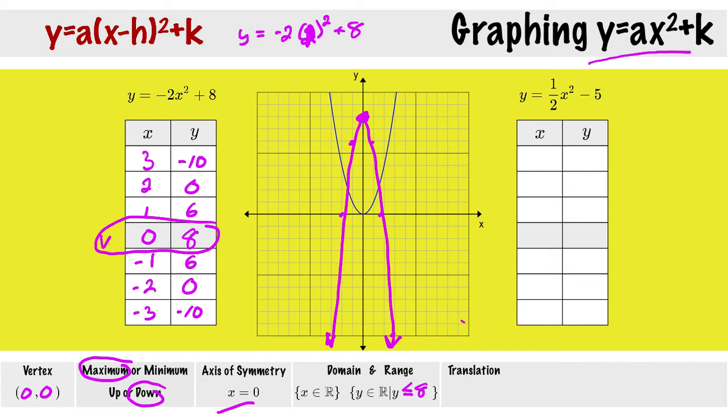The translation, it's up 8, and then it is stretched by a factor of 2, and it's reflected over the x-axis.